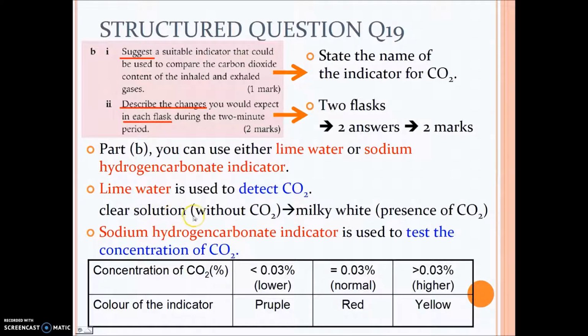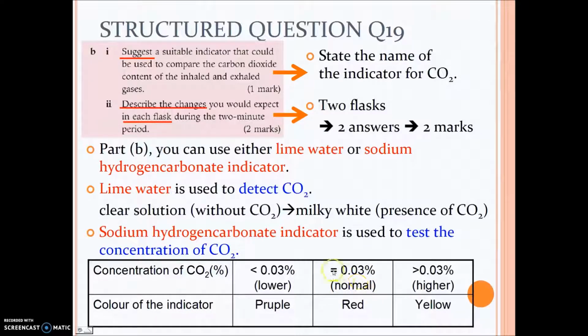When there is no carbon dioxide, it remains clear, and when there is carbon dioxide, it will turn from clear to milky white. The other indicator is sodium hydrogen carbonate indicator. It is used to test the concentration of carbon dioxide. It's not talking about presence or absence of carbon dioxide. It's talking about how high or how low the carbon dioxide concentration is.